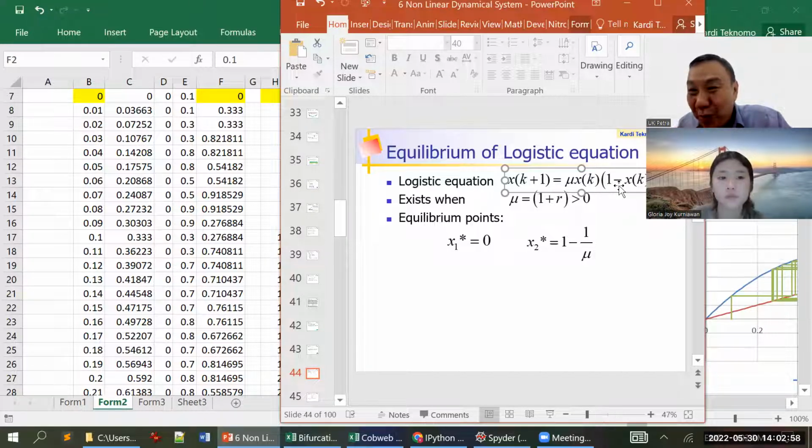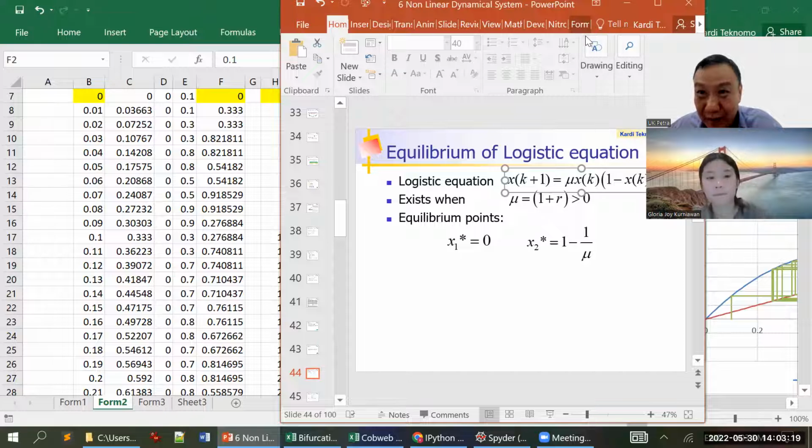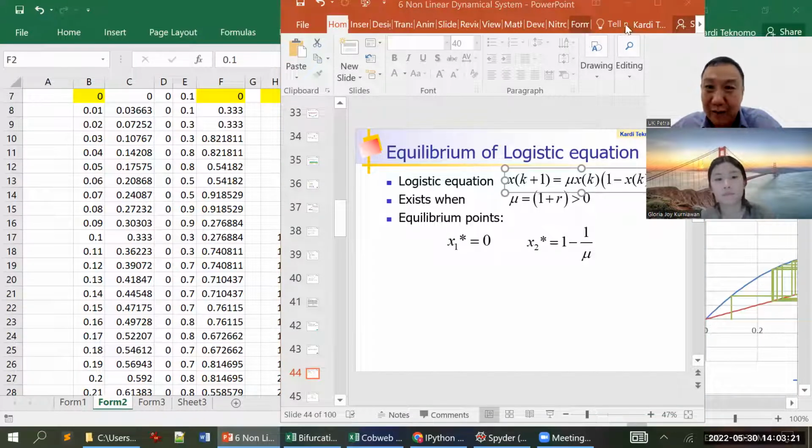From Malthus to Verhulst, how many years? And from Verhulst to later, you can see 1970, so it's kind of 100 years to find that. The system is sensitive to the parameter, and later also sensitive to the initial value. So this is very interesting.